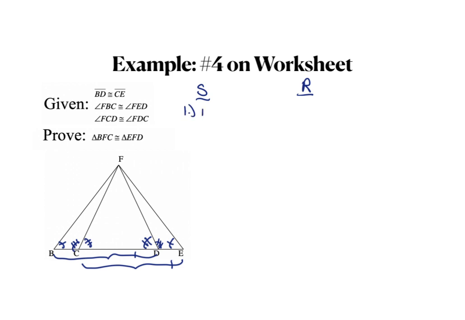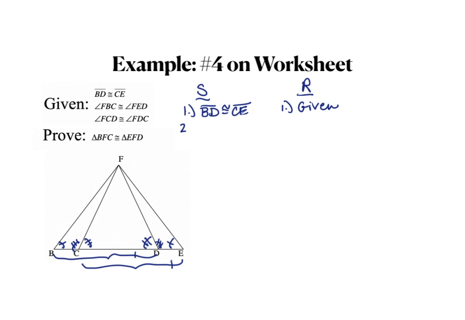All right, I know that BD is congruent to CE. While that's nice information to have, it's not one of the sides of the triangles that I'd like to prove congruent. So I cannot put an S out in the margin. But again, this is given information. So that is my reason there. And what I'd like to do with that is show that these little pieces on the outside then must be congruent by subtracting the segment CD.